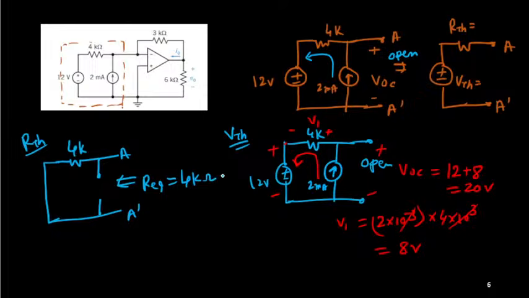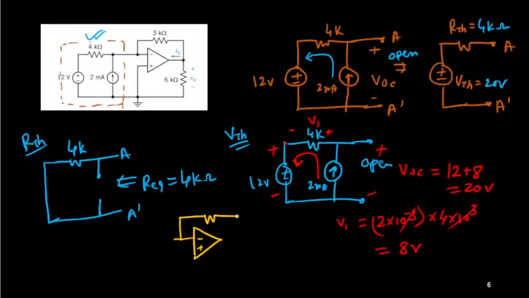Okay, so now the thing is very simple. We can replace this network by this one 20 volt source and 4 kilo ohm resistance. Then it will become simply an inverting type amplifier. Can you identify these things? This is minus, this is plus.